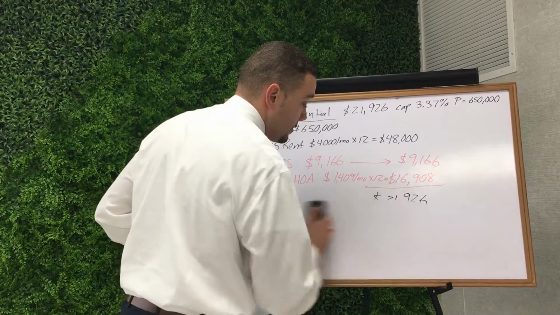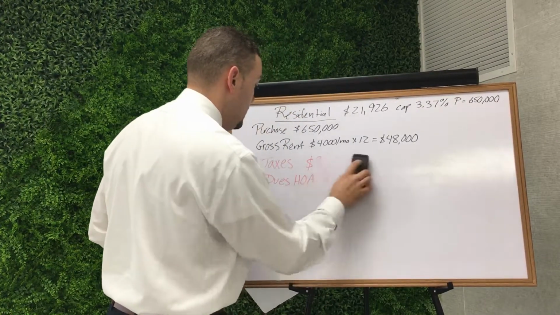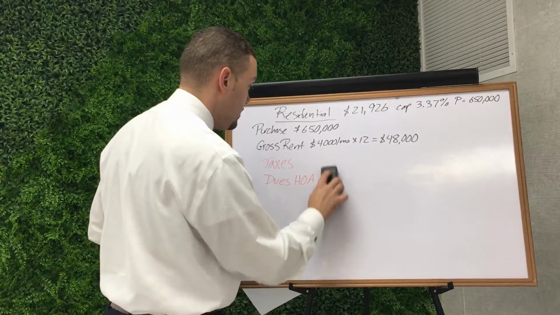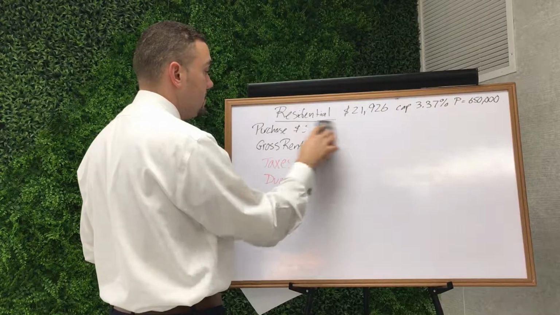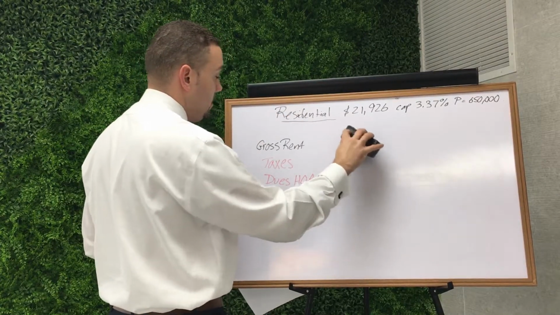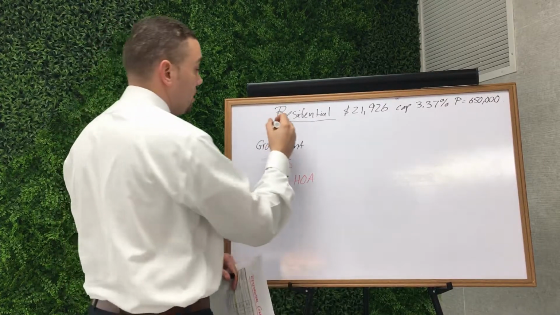Now what I'm going to do is take the same exact scenario and say, okay, what happens when we invest in a commercial? So I'm just going to do it right under here and I'm going to put commercial.